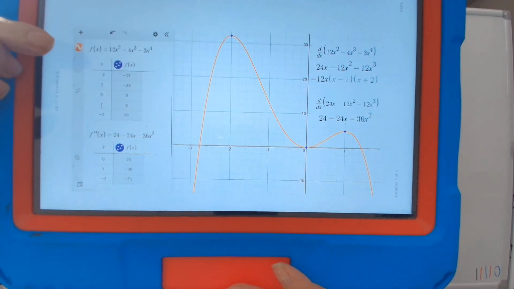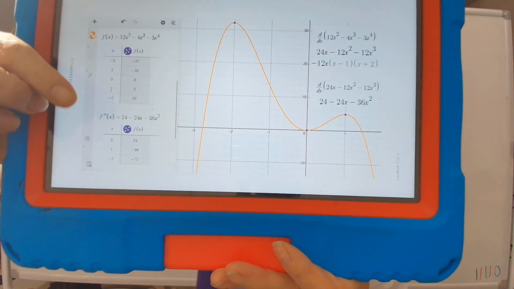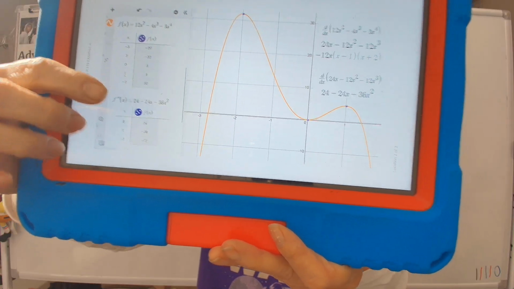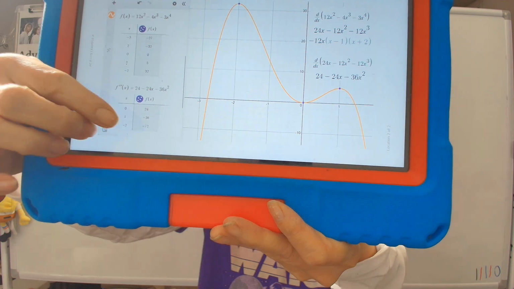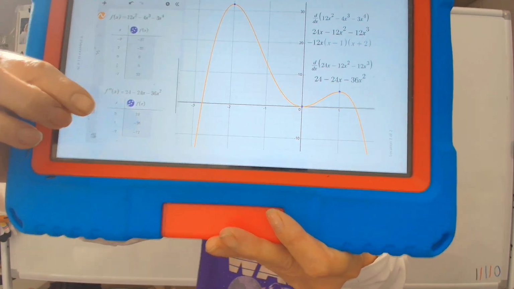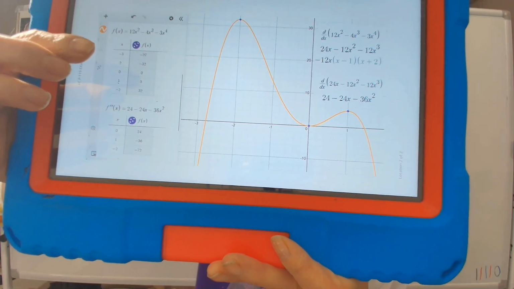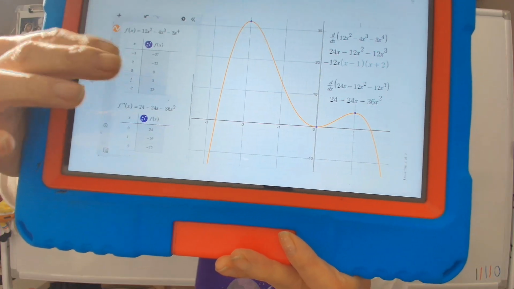So here's my function. I use the evaluation calculator, which automatically shows me what the values of various things are. Then I use the derivative calculator that gave me the second derivative, and again the evaluation calculator automatically gave me these values. I have the links to these calculators below this video, and I probably already mentioned it before too.